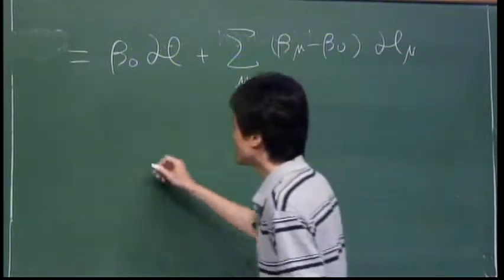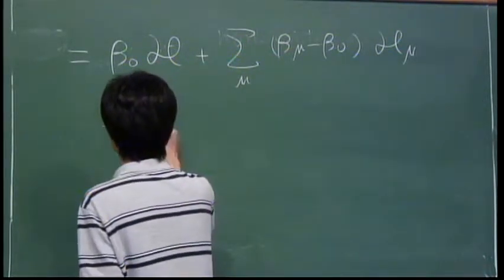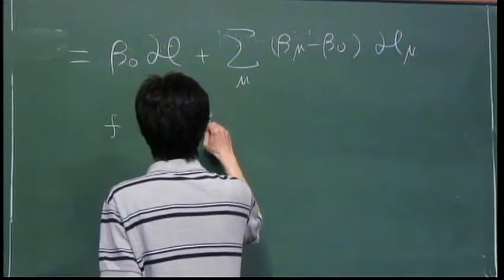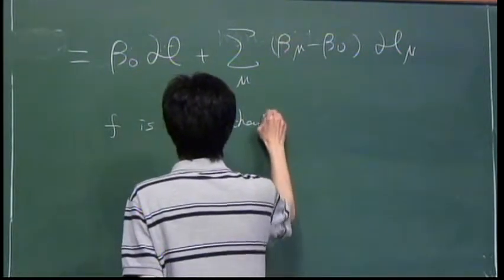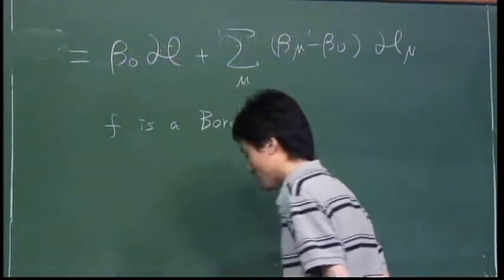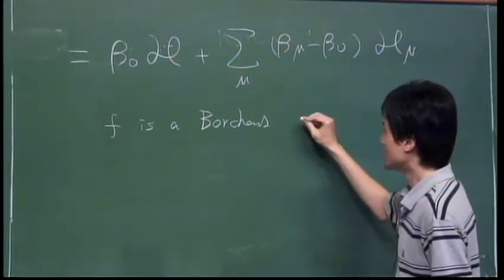So F is a Borcherds product, by the well-known theorem of Bruinier.